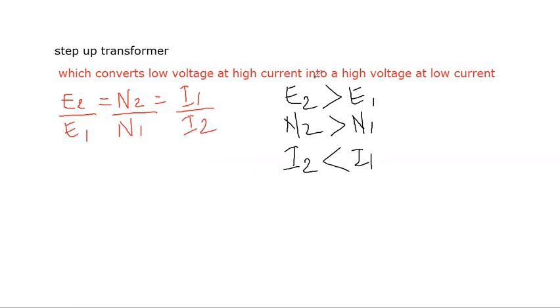The primary coil is made up of thick insulated copper wire so that it can sustain very high current, and the secondary coil is made up of thin insulated wire. So that's what you need to know regarding the step-up transformer.